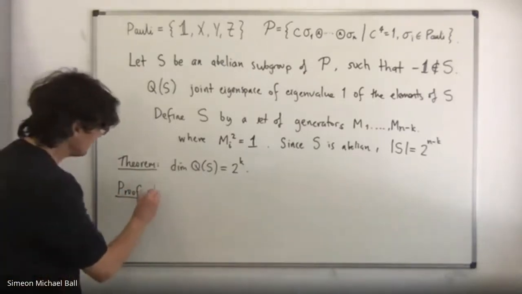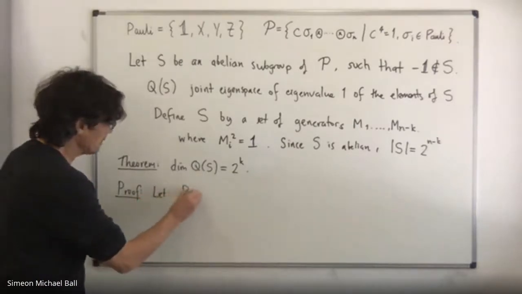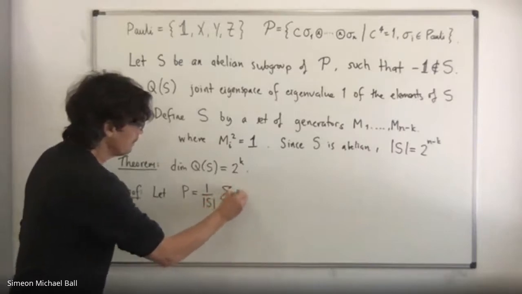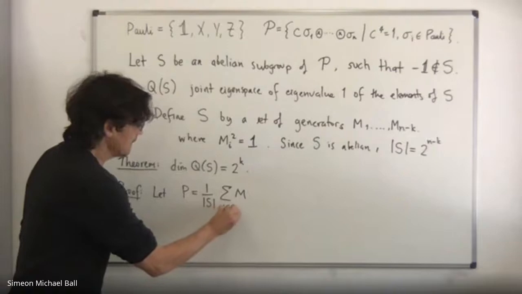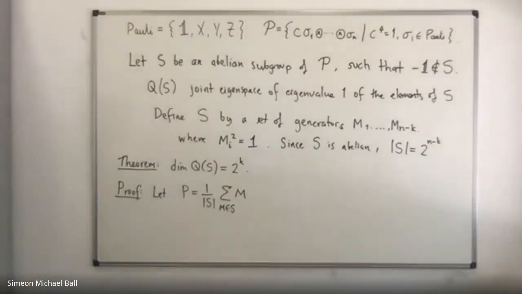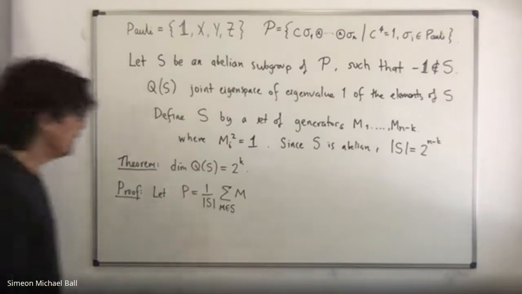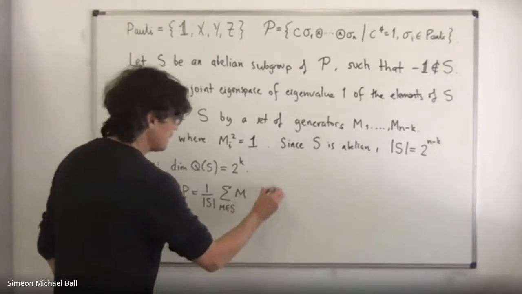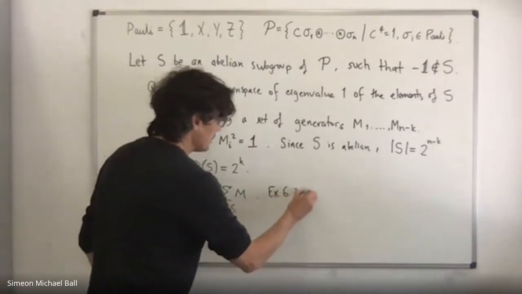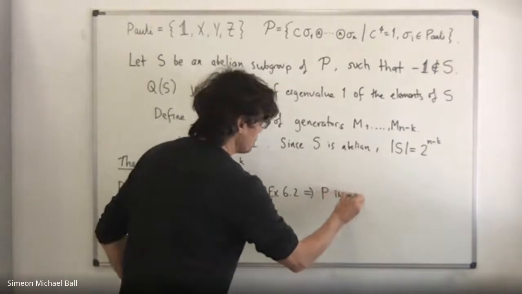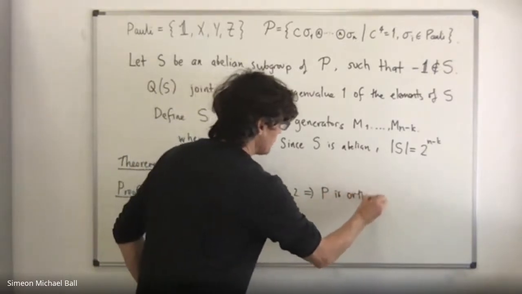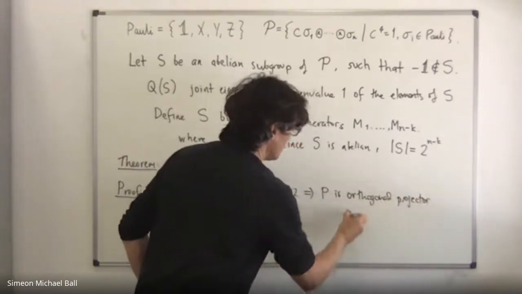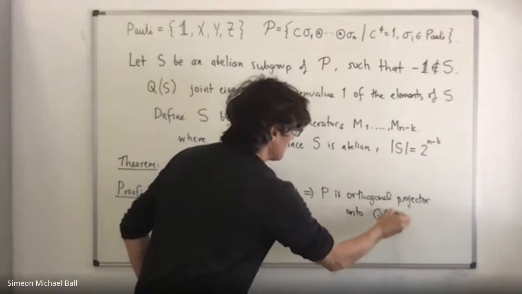So we define P to be 1 divided by the size of S, the sum over all the M in S. Now, we will prove in exercise 6.2 that P is the orthogonal projection onto Q of S.